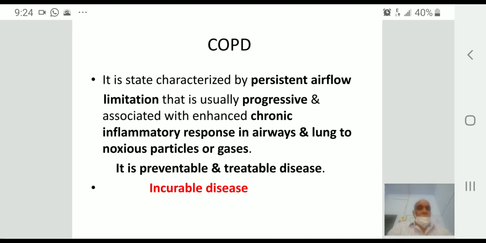If you diagnose in the early stage and take proper measures, the progress of the disease diminishes. So diagnosis of COPD in the early stage is more important for the patient's life.